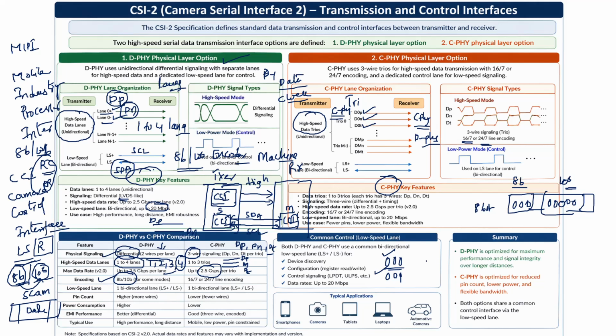We need to learn that technique, then only can you understand the 8-bit to 10-bit encoder technique. Similarly, you can check the 24 by 7 encoding technique and 16 by 7 encoding technique in the C-PHY layer. Okay, we will discuss later in the further classes.